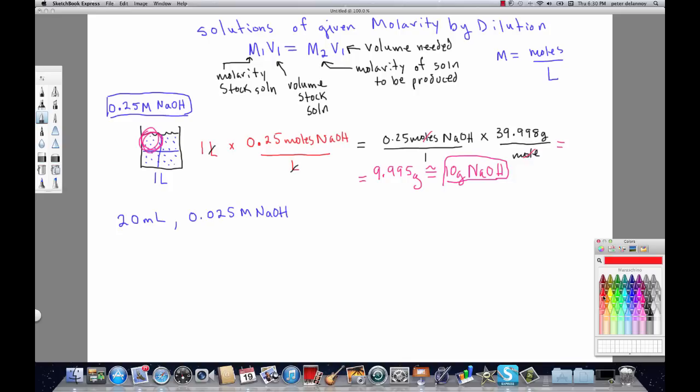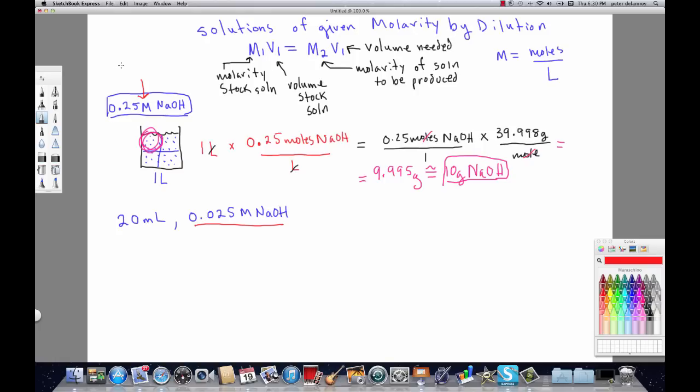Since we're doing a dilution, we're going to utilize our more highly concentrated solution, the 0.25 molar solution. We're going to use a selected volume and mix that with water to produce a new solution that's going to be 0.025 molar NaOH.